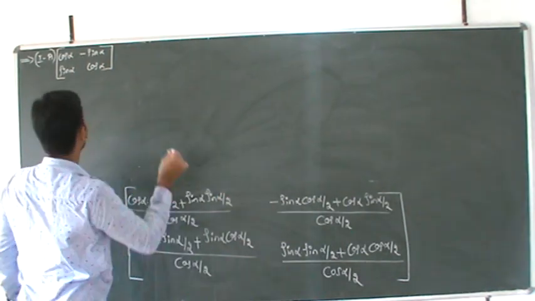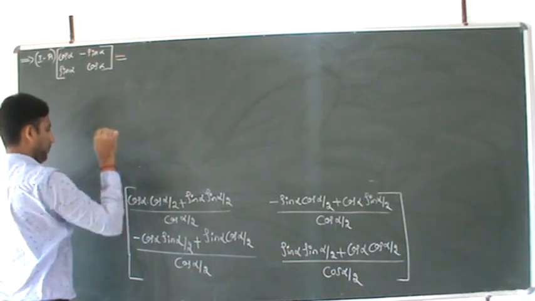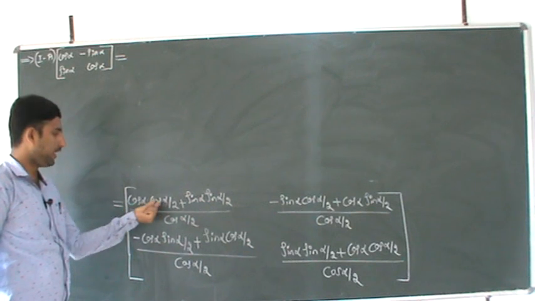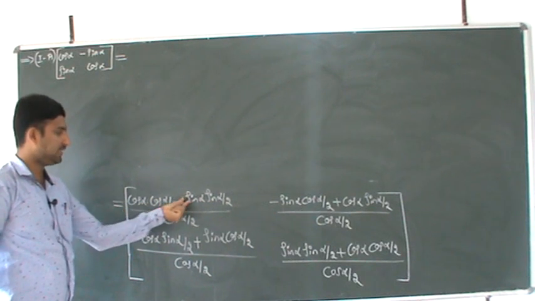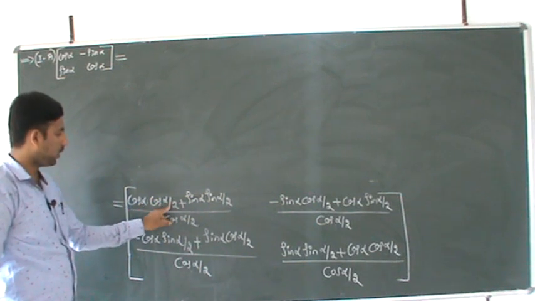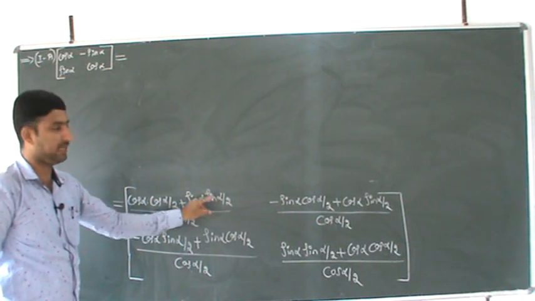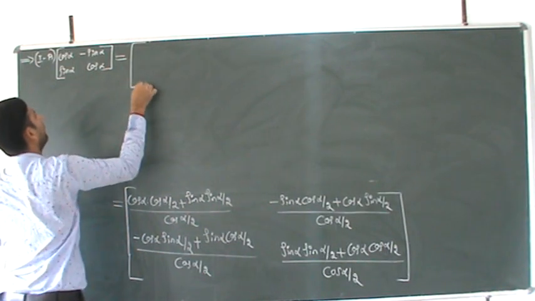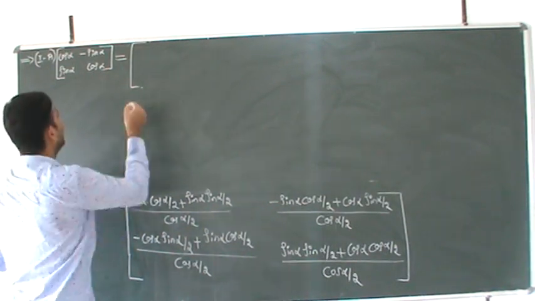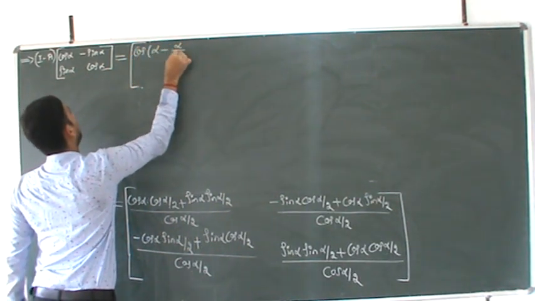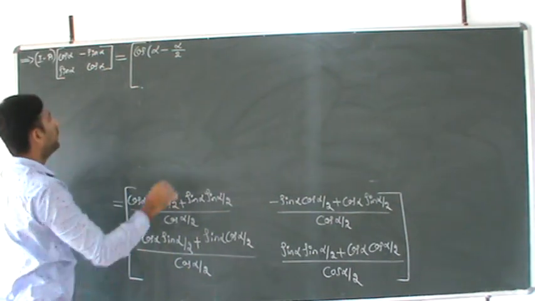Now, which is equal to what it looks like: cos A cos B plus sin A sin B, which is nothing but cos of A minus B. Correct?